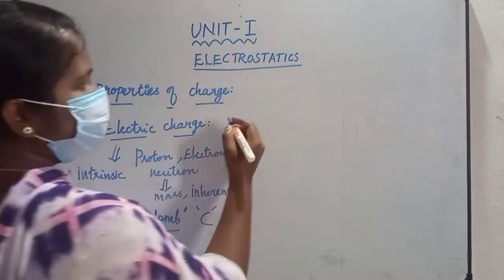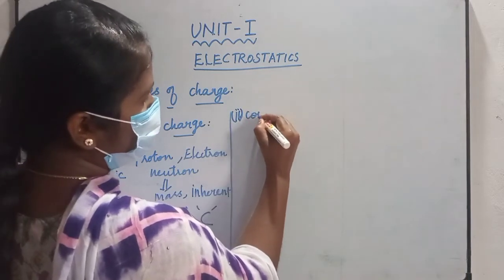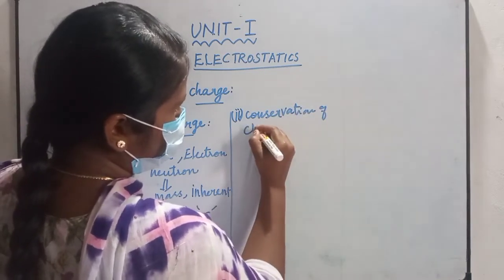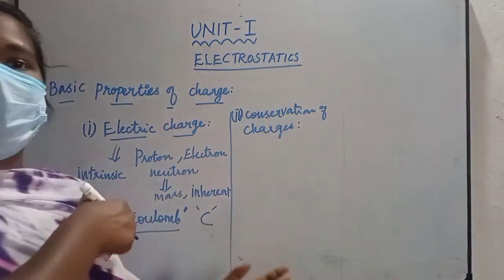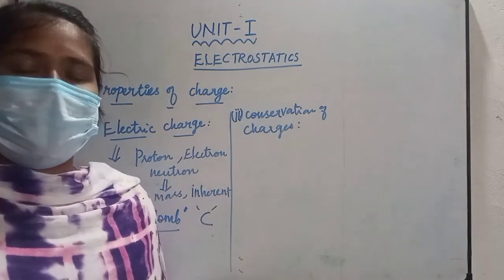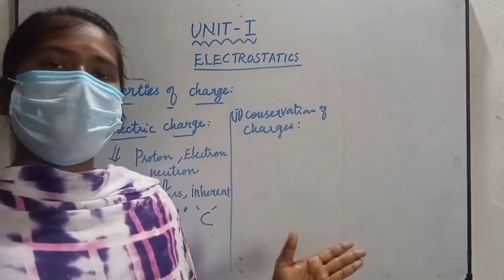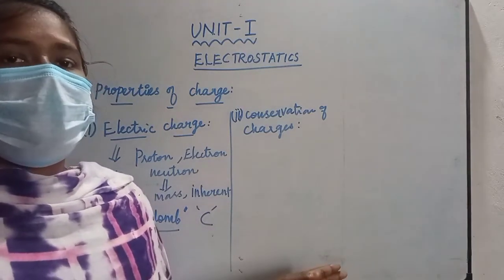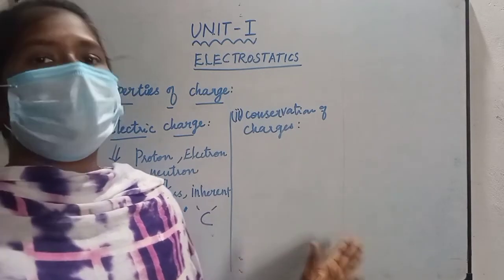The second property is the conservation of charges. Before rubbing, the atom, that means the material, is neutral. After rubbing, due to friction, the charges get transferred from one material to another material.